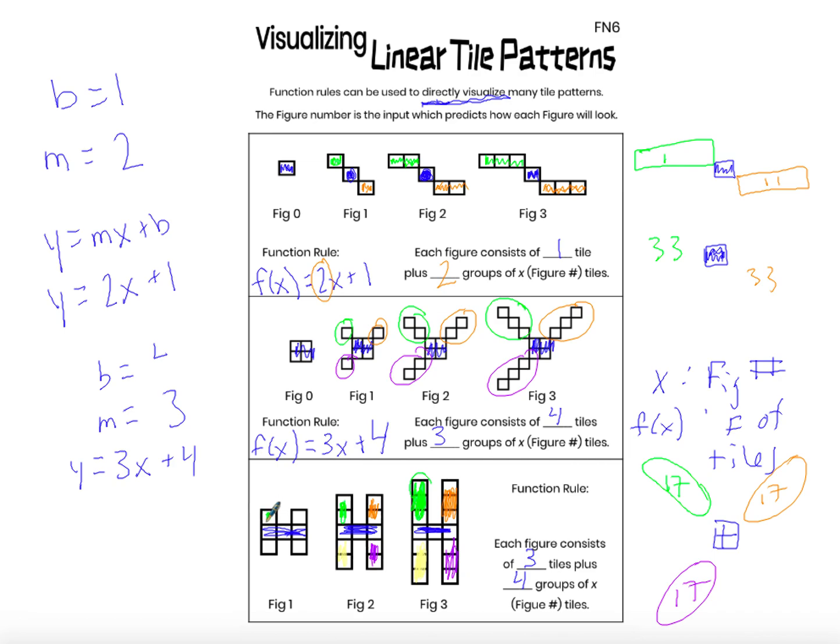Figure 1, does it work? 1, 2, 3, and 4. So we have 4 groups of 1 plus 3, 4 groups of 2 plus 3, 4 groups of 3 plus 3. That gives me my function rule.